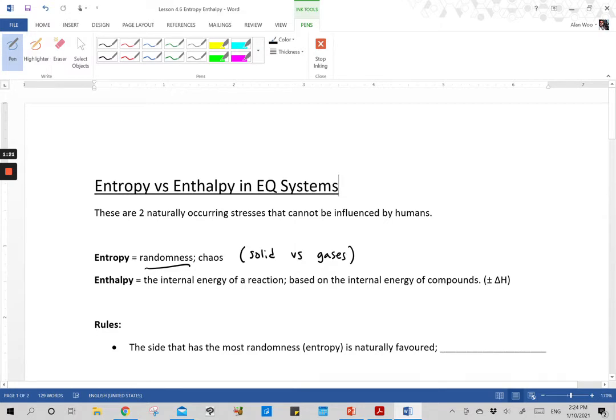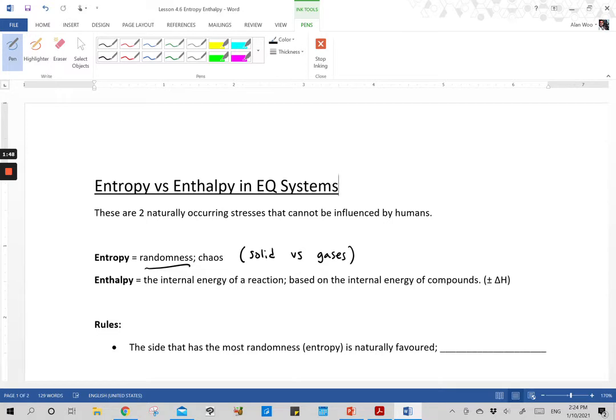Gases have less of a structure, molecular structure, and they're more random. So gases have more entropy than solids do. As a matter of fact, we can look at all the different states of matter and figure out that solids have the least amount of entropy, while liquids have more entropy, gases have more entropy, and aqueous solutions have more entropy.